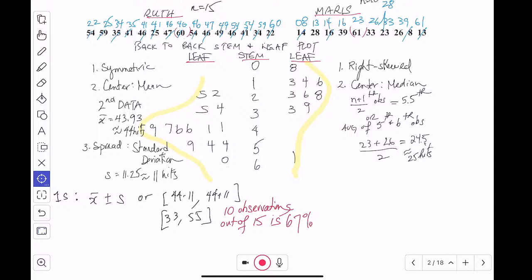So anyway, let's look at 2 standard deviations. So that's 44 minus 22. These numbers are easy to deal with. And this is 44 plus 22. So how does that simplify?